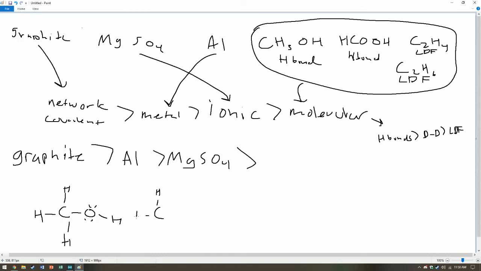Since these things interact often in groups, you don't have to draw a bunch of molecules. However, I do recommend drawing a pair of them. And then similarly with our carboxylic acid, HCOOH.